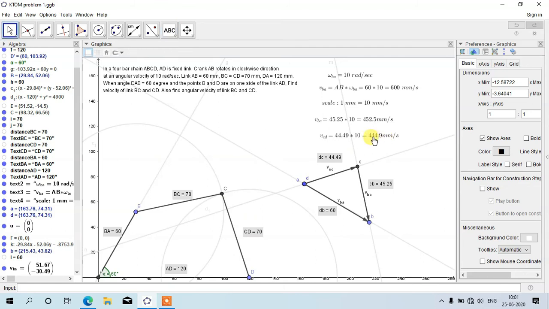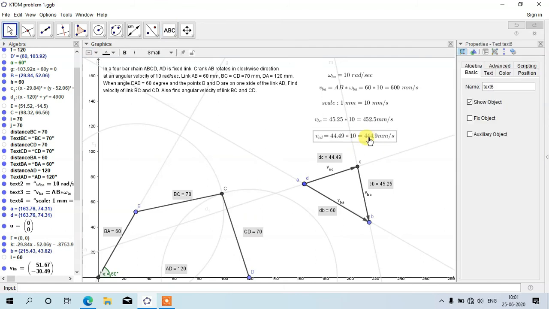So this is the velocity of link CD. You have to do these things using scale. You have to measure the length of the vector using the scale, and after measurement you have to convert it into mm per second using the scale which we assumed before starting the problem.